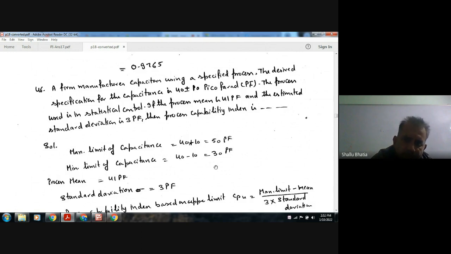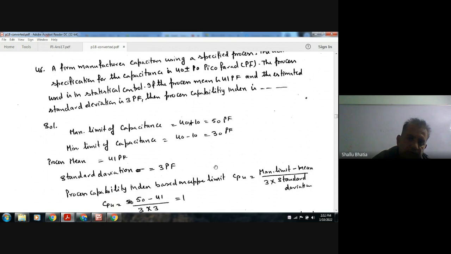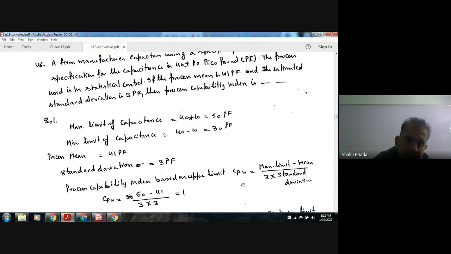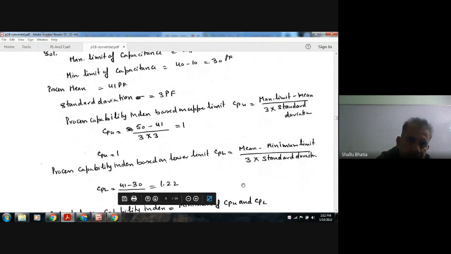If the process mean is 41 picofarad and the estimated standard deviation is 3 picofarad, the process capability index is, so we will find the upper process capability index and the lower process capability index, and then we find the actual process capability index. So it will be the minimum of these two. The formula for CPU is maximum limit minus mean divided by 3 sigma, and for CPL it is mean minus minimum limit divided by 3 sigma.